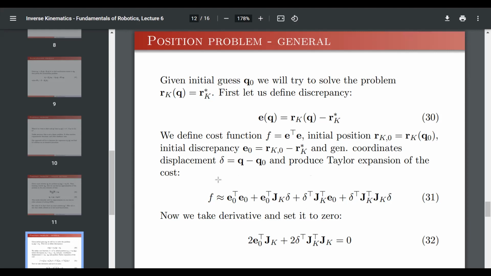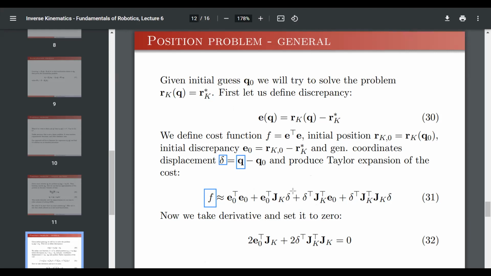Now what we want to do is to take a derivative of f with respect to Q and set it to 0. Here, I can argue that this is the same as taking the derivative with respect to delta and setting it to 0. I think that is a reasonable argument.